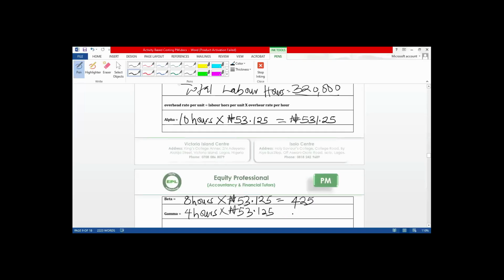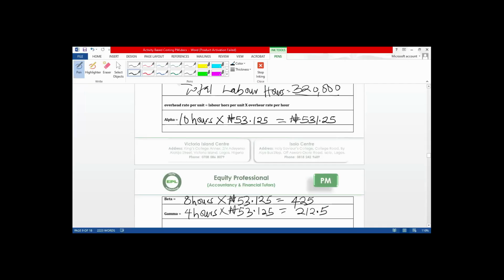The last one is 212.50. You have gotten the overhead rate per unit.